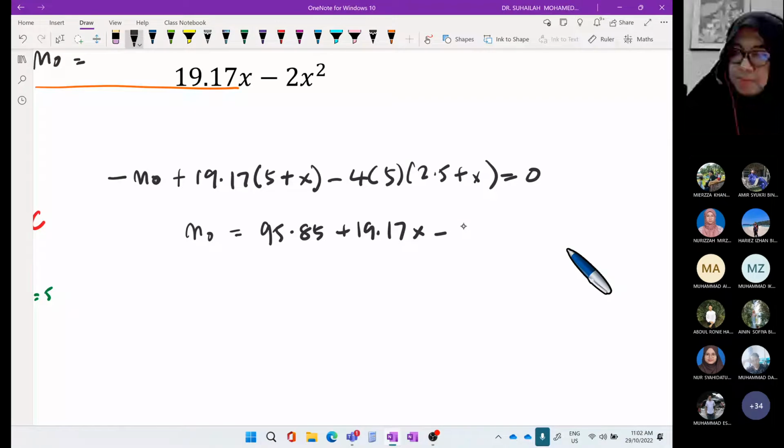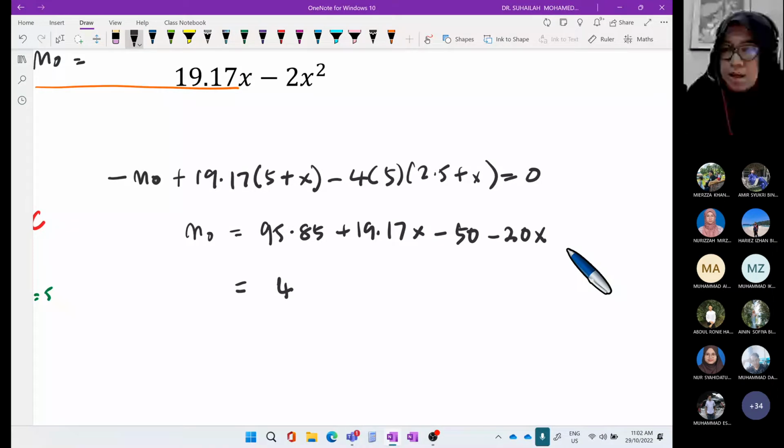Okay, simplify what we get: 95.85 minus 50, 45.85. Minus, it is minus, right? Minus 0.83x.